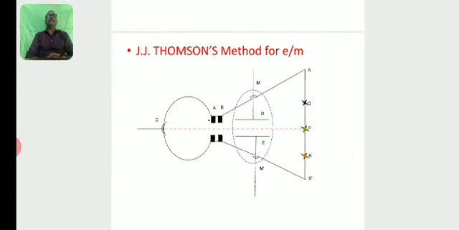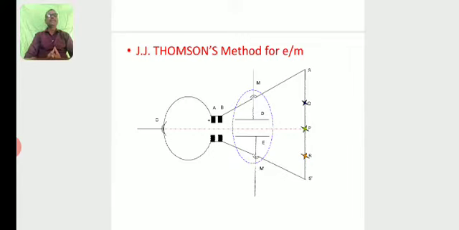Now you see the diagram, J.J. Thomson's method for e/m. There is a tube, C the cathode, A and B two slits, D and E the two plates to which a potential difference can be applied for the beam of electrons. Here MN indicates the magnetic field applied perpendicular to the plane.